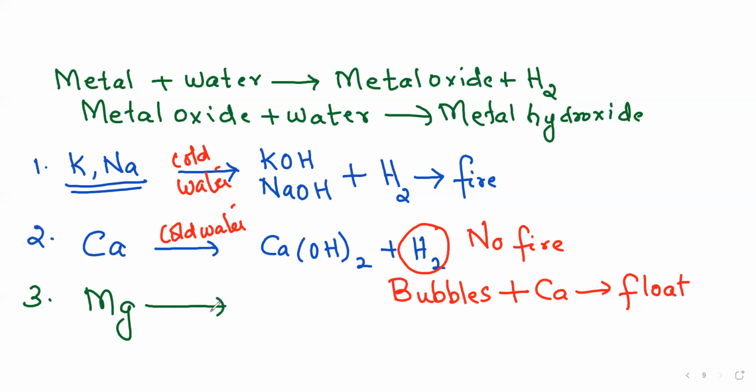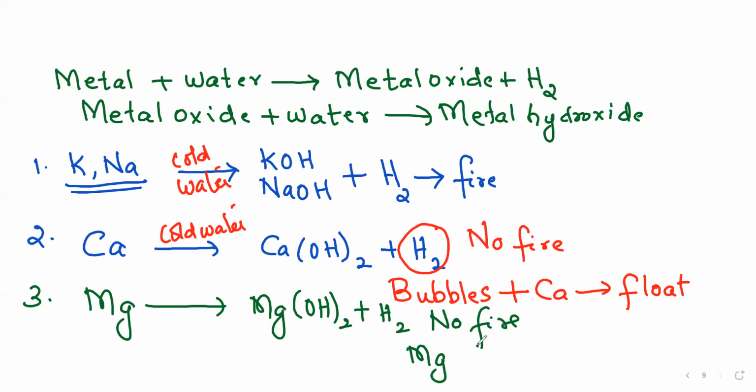Same thing will happen. It will form the corresponding magnesium hydroxide plus H2, but no fire. And again the same thing, magnesium will float. Everything is the same as calcium, but this reaction is with hot water. That is the only difference.